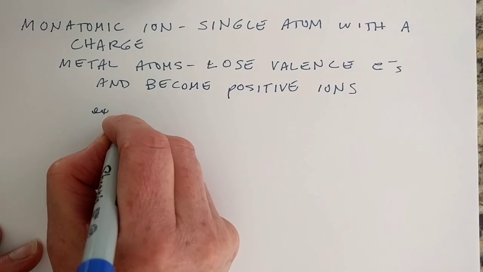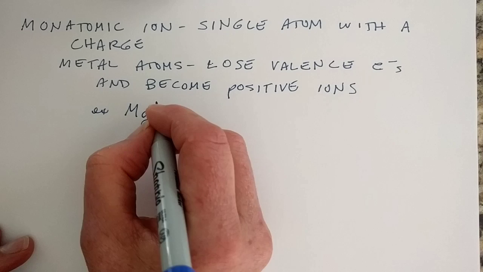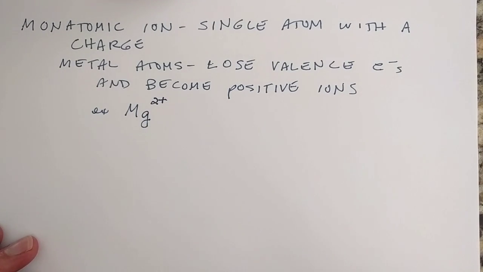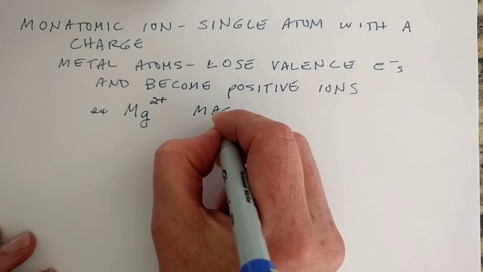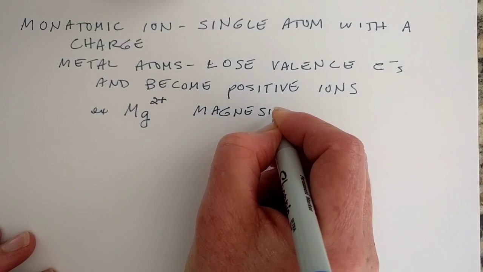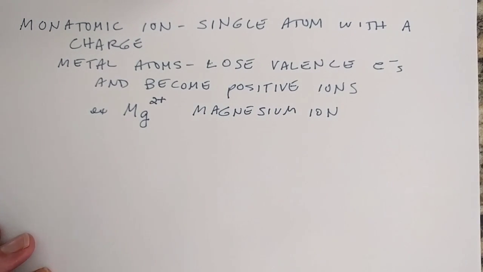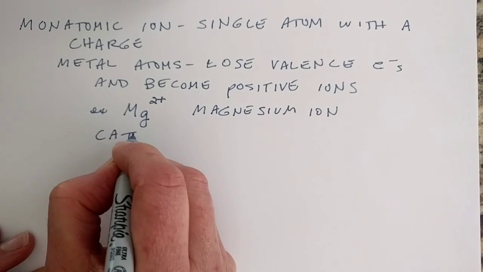So, for example, magnesium is Mg, the neutral, but when it loses its electrons, it becomes Mg2+. So magnesium has 2 valence electrons, it loses those 2, loses 2 negatives, and becomes 2 positive. And the name of this is just the same as the element. We just name this the magnesium ion. And our metal atoms are cations.